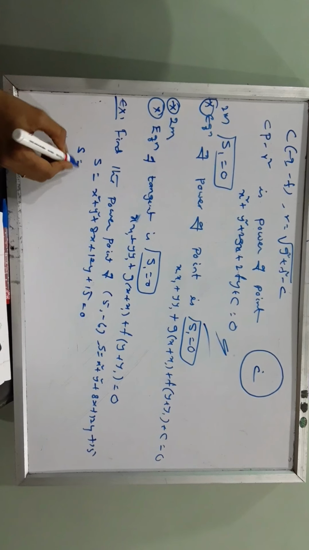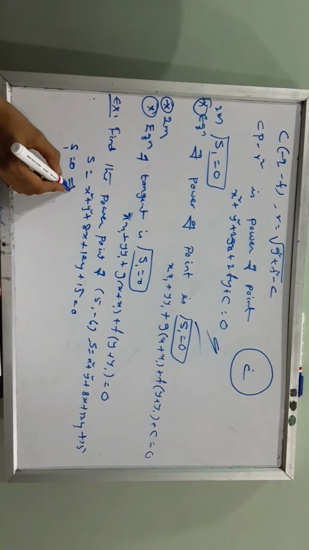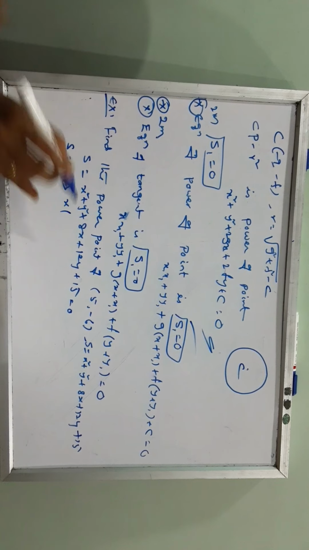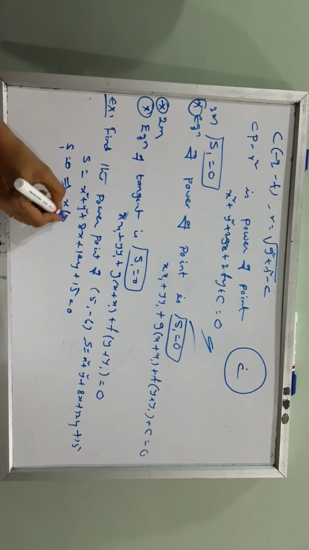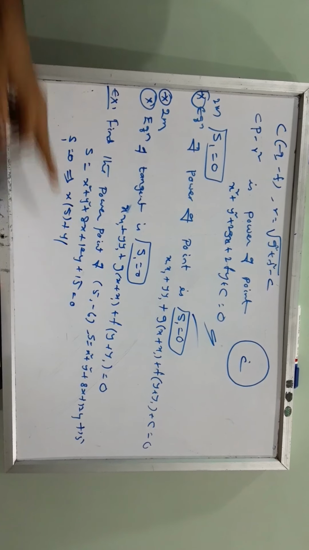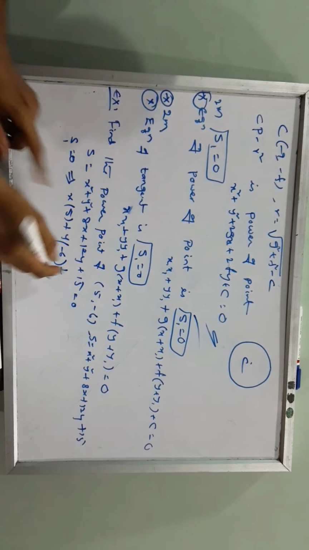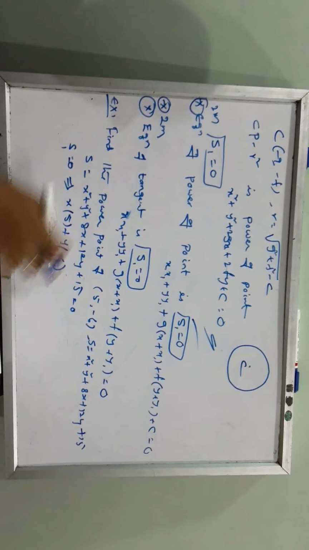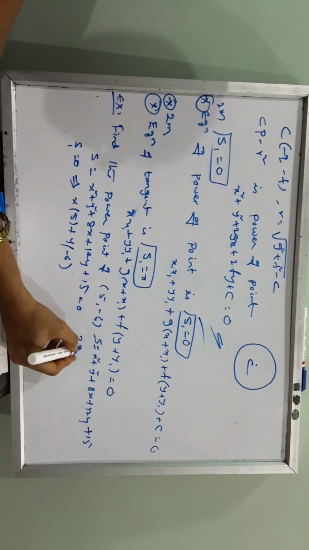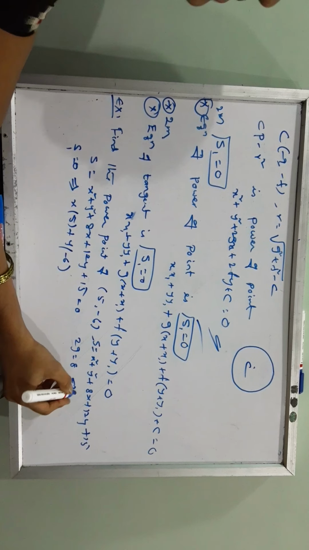So here the given equation is x square plus y square plus 8x plus 12y plus 15 is equal to 0. Then S1 is equal to 0 implies x into x1, here x1 is 5, plus y into y1, which is minus 6, plus g of, here 2g is equal to 8, then g is equal to 4.